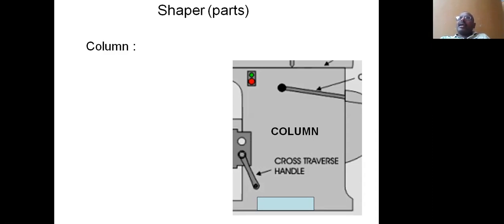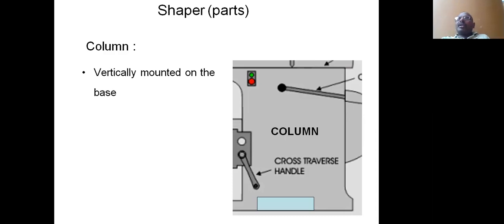The majority of shaping machines have this special feature. That means base and column are produced as an integrated part or integrated member. That means we can assume the column is mounted over the base.